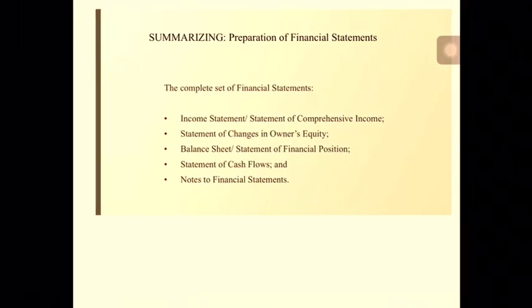When we say complete set of financial statements, you have a list of the financial reports or financial statements that a business must prepare at the end of every accounting period. So a business should be able to prepare an income statement or a statement of comprehensive income, a statement of changes in owner's equity, a balance sheet or a statement of financial position, your statement of cash flows, and the notes to financial statements.